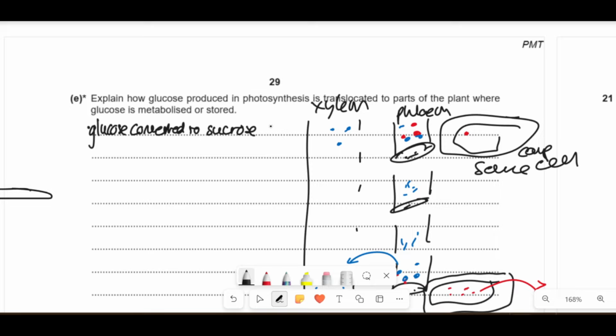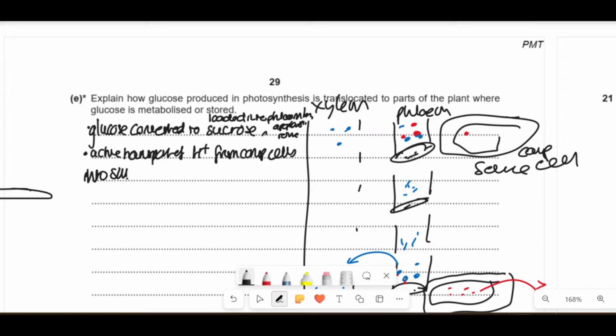So what I described there was the apoplast route. Then what happens is, I should say, it's loaded into phloem by apoplast route. So active transport of H plus from companion cells into surroundings.